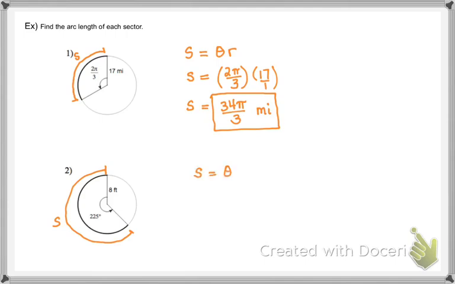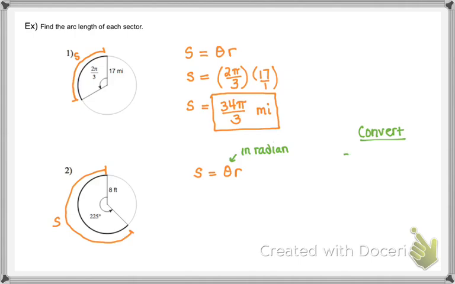S is equal to theta times r. And now in this case, the only tricky part is they don't give me my angle in radians, and I need my angle in radians. So I have to do a little bit of converting, right? So let's start on the side. We have to convert from degrees to radians, which is what we did last week.